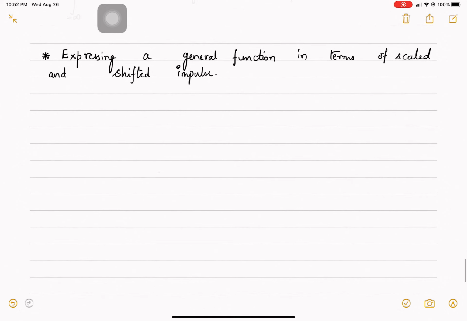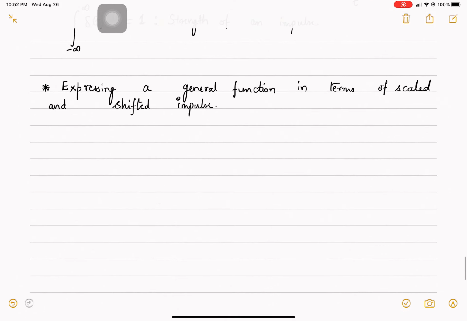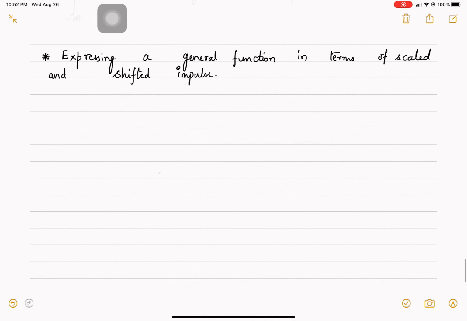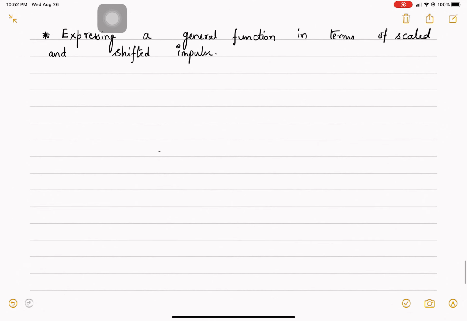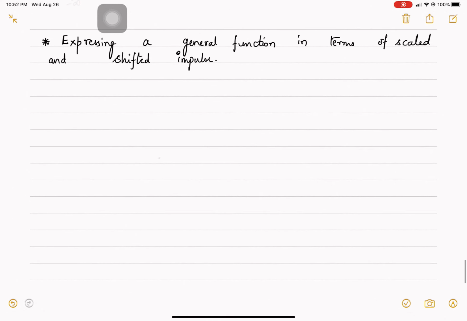Before that, let's dive deeper and understand what this Dirac delta function, or impulse function, is. One kind of interpretation: both the conditions should be satisfied. So I'll take a pulse of width delta.